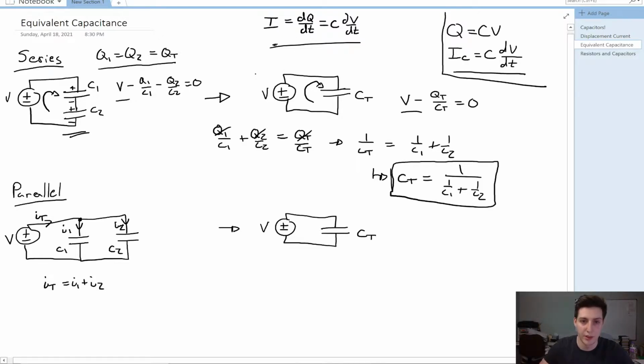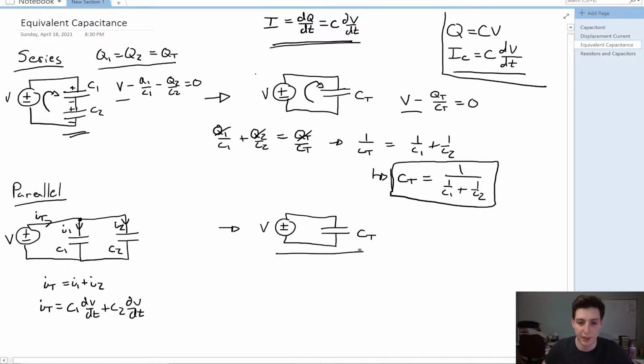Well, from up here, we can say IT is equal to C1 dV over dt plus C2 dV over dt. And because these are in parallel, we know that the voltage will be the same.